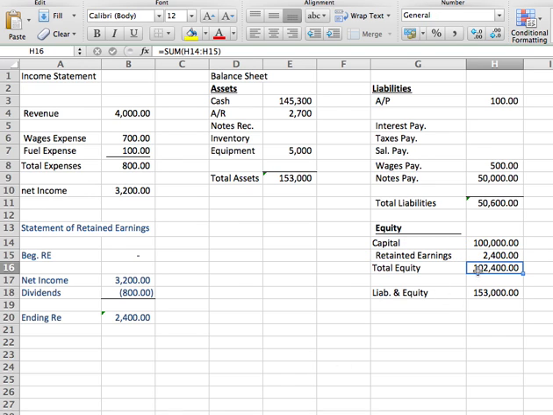I added up, total equity is $102,400. I add that to my total liabilities and I get 153,000, which is precisely how much my total assets are. This ends our talk on building financial statements from the accounting equation.